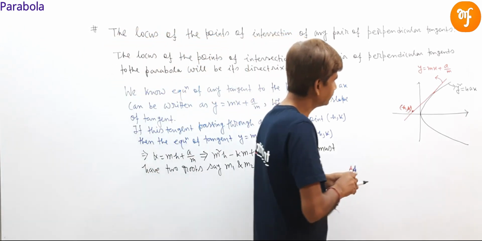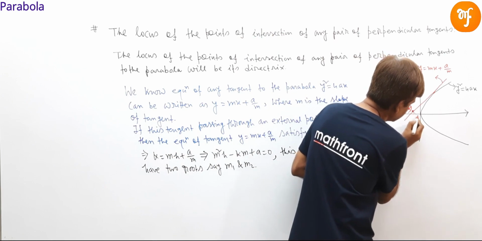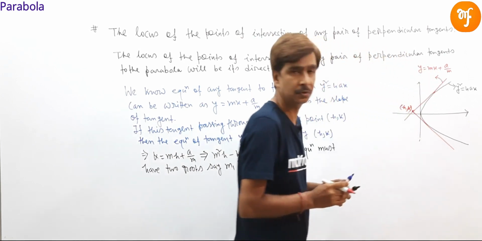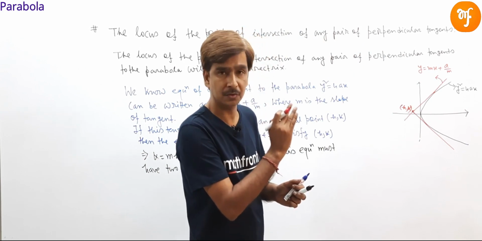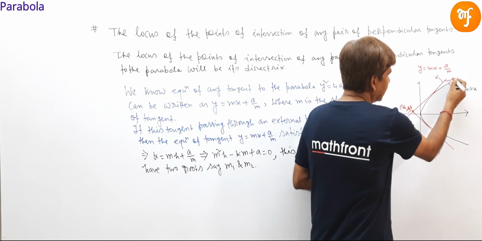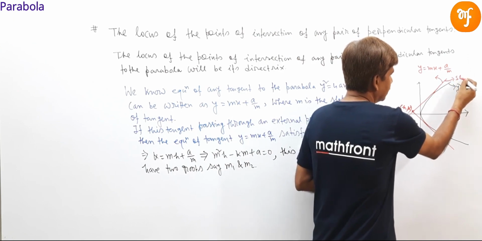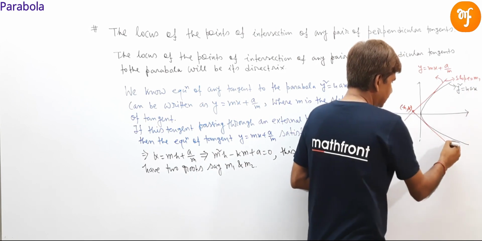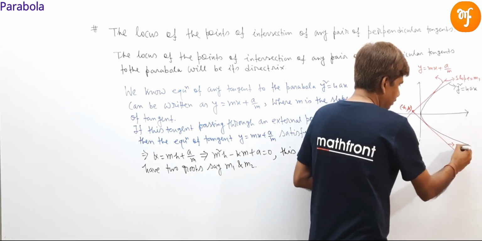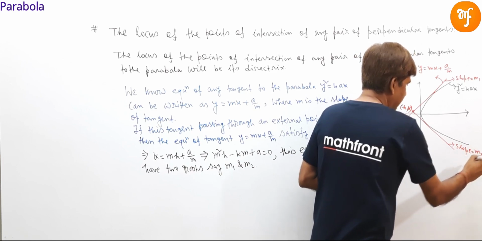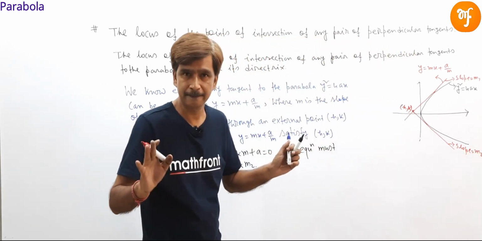So let's draw. We draw two tangents. Look, we are able to draw two tangents. This tangent has slope m1 and this tangent has slope m2. Understand? Clear? Okay.